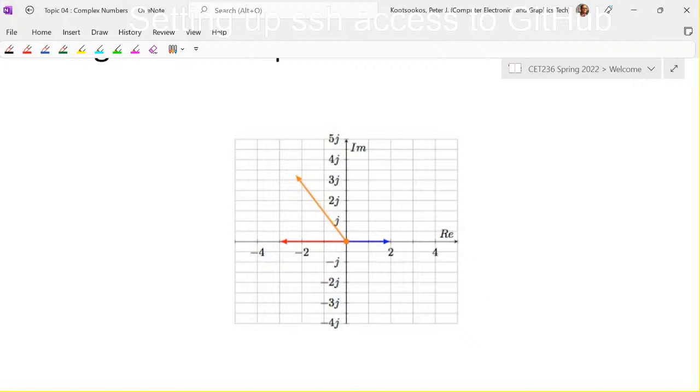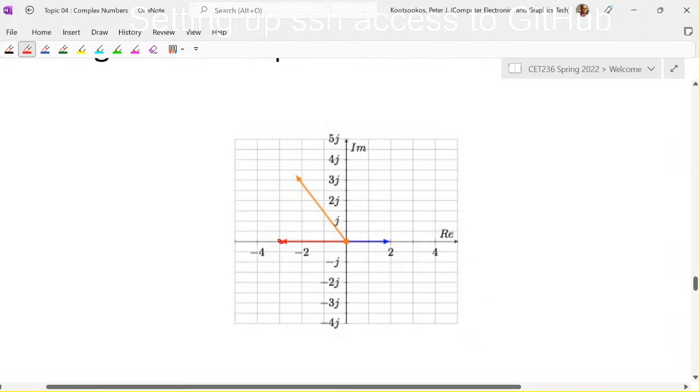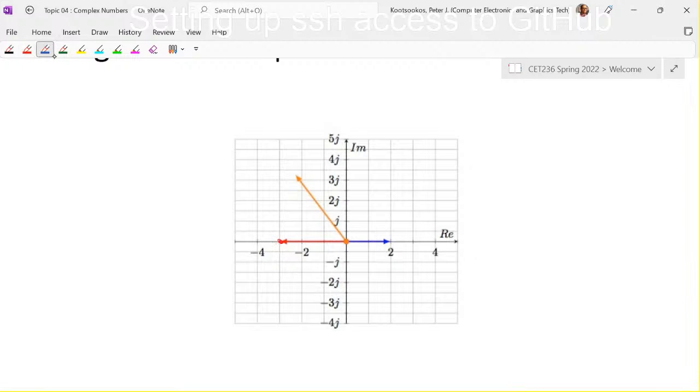Now this one, probably the scale should be squared up. The y-axis scale is contracted compared with the x-axis scale, which is expanded. But this number here is just -3. This number here is +2.